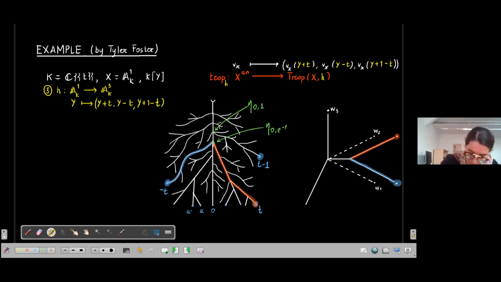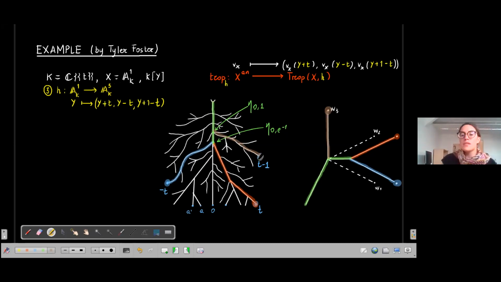Then the path from eta 0, e minus 1 to infinity will be sent one-to-one to this part of the tropicalization. And now we have one extra part to consider: the path from eta 0, 1 to t minus 1, and this will correspond to this part of the tropicalization.